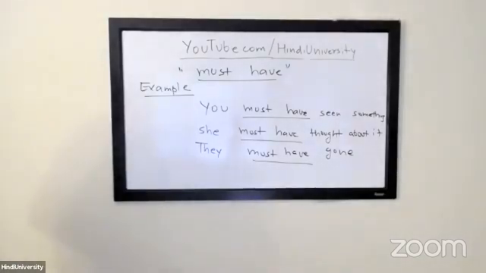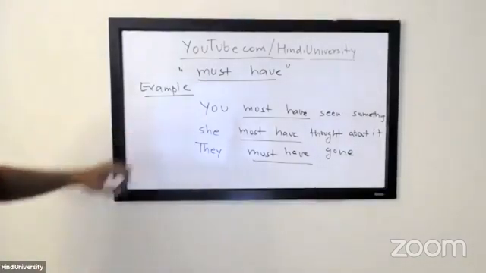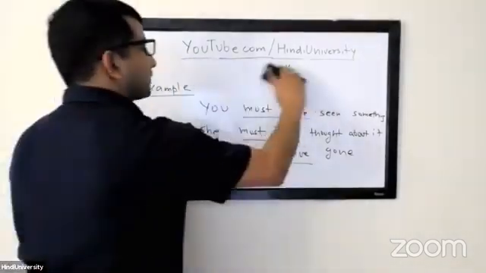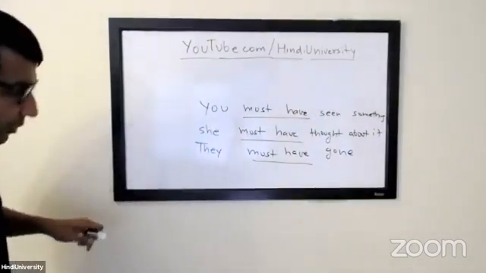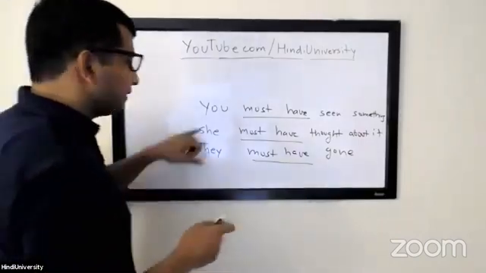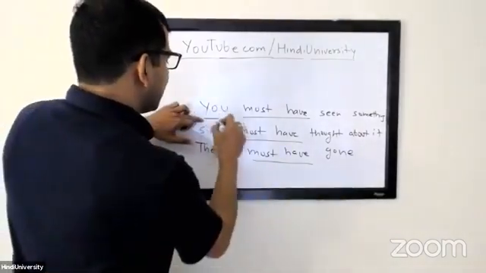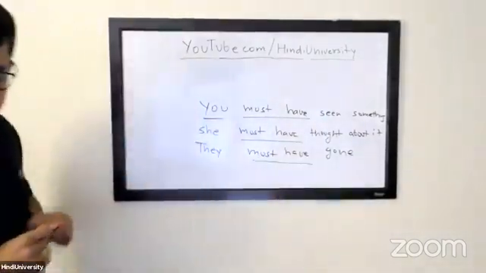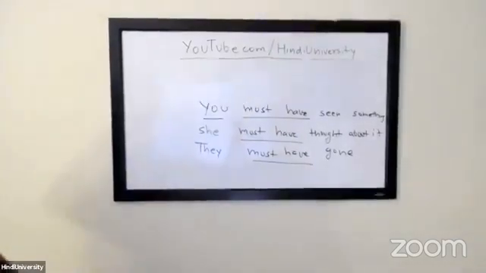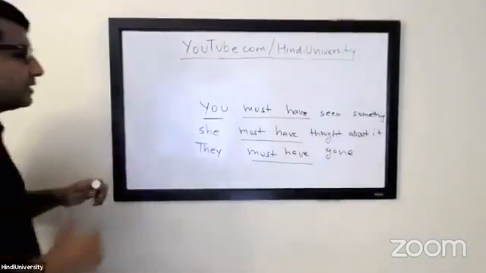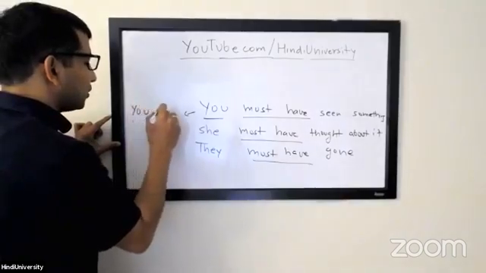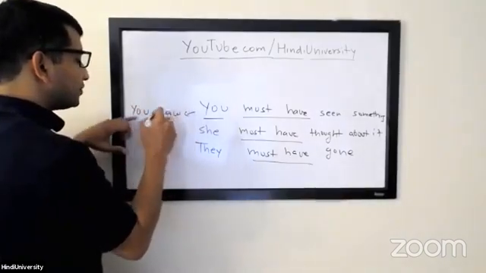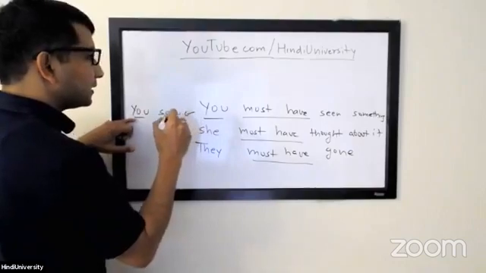Now, how do you say them in Hindi? Okay, I'll give you a trick. I mean, it sounds pretty long, sounds pretty complicated, but let's see what you can do. So you must have seen. Think of it as like you have a sentence called you saw. How will you say you saw in Hindi?